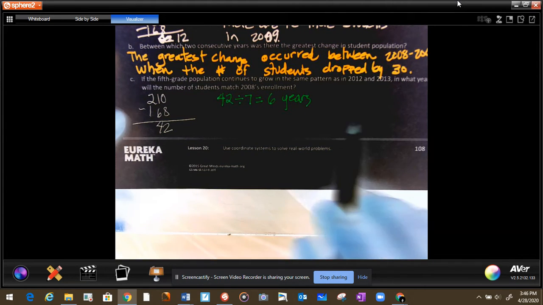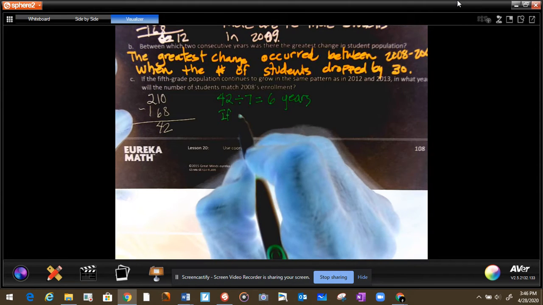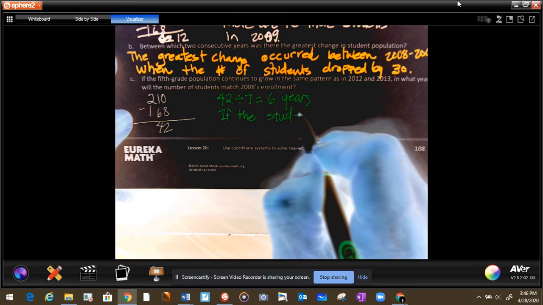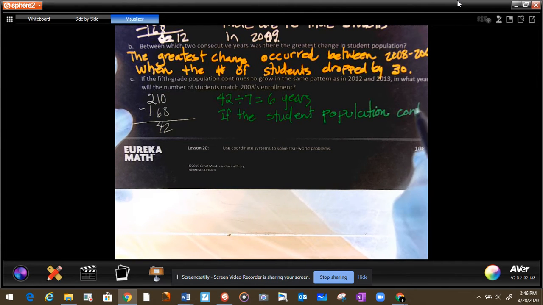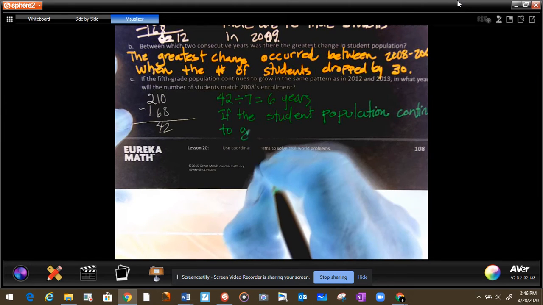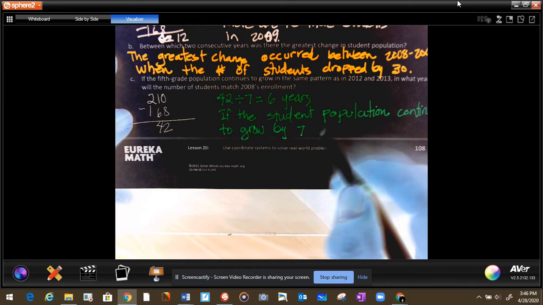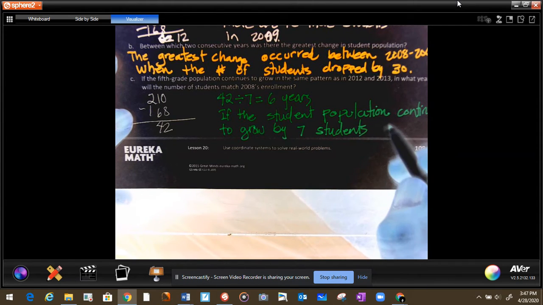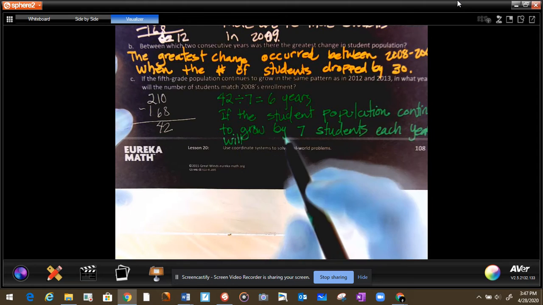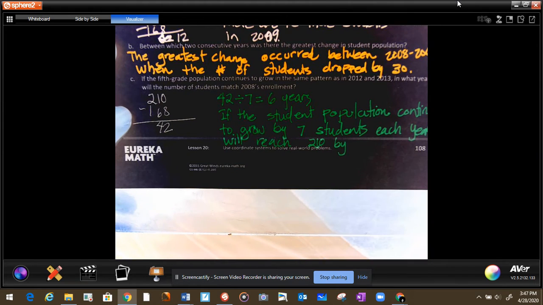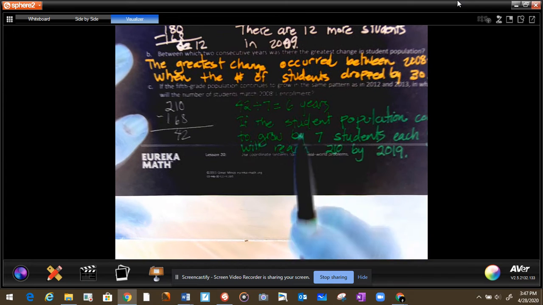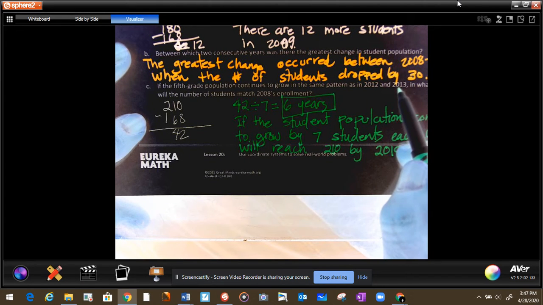All right? All right, so let's write the answer. If the student population continues to grow by 7 students each year, it will reach 210 by, well, if we are on 2013, by 2019, because we're going to add these 6 years to 2013, which is right here.